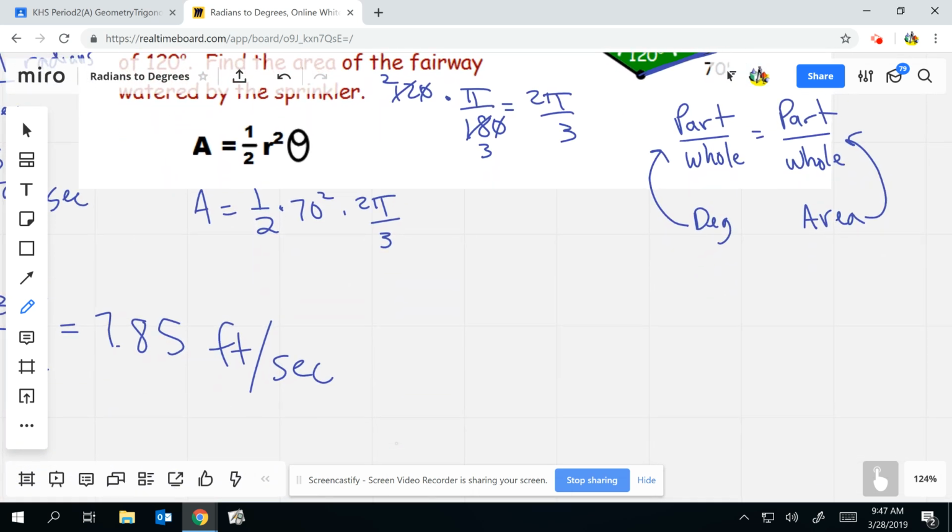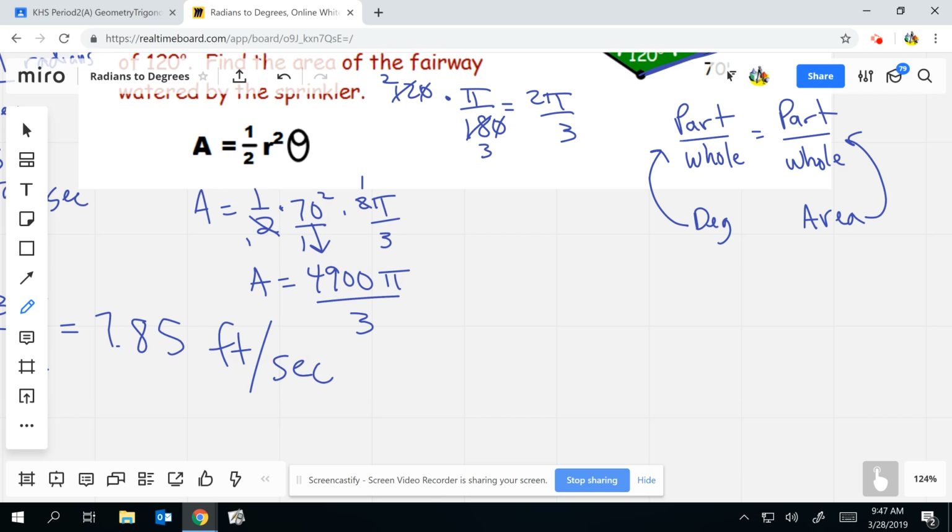So that would be easy to multiply together, I think. You can cross cancel the 2's and make them both 1's. And then 70 squared is 4,900. And then you're going to just have a pi on the top, and then the bottom would have a 3 on it, because this was 70 squared over 1.